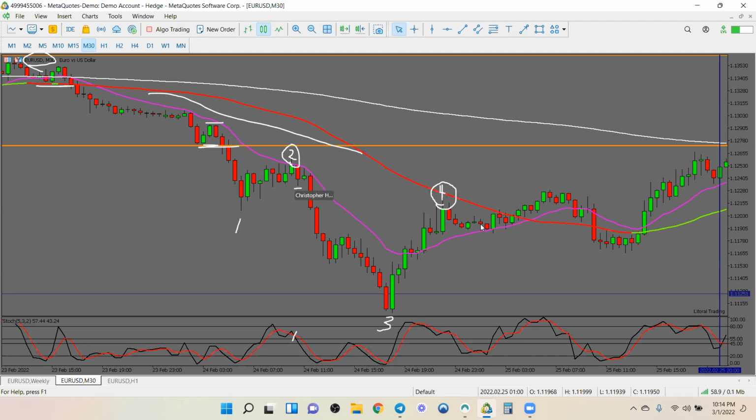Your stop loss is here. And you would either get out at the next key line, which I'm not sure what that is, or the cycle low. It would either be here or here.